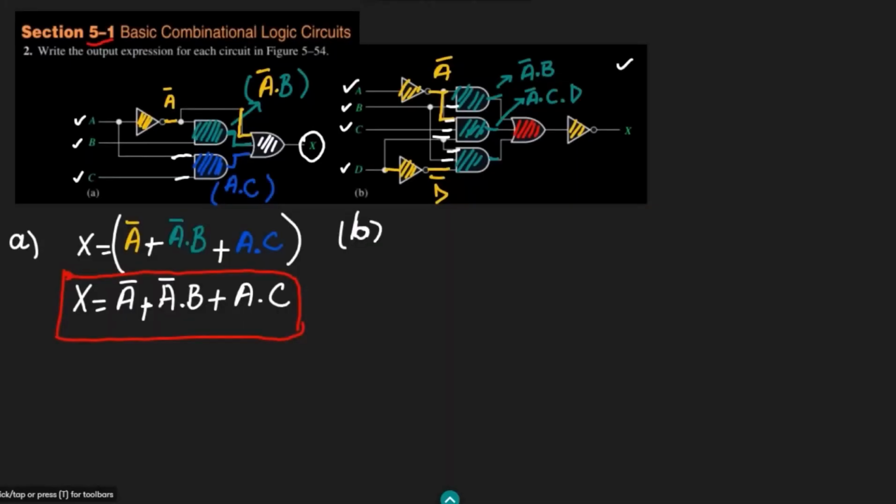So we have this B applied here, and this D here, and D complement here as well. Okay, so these are the three inputs which are applied, and now they are given to this gate, which is basically the OR gate.